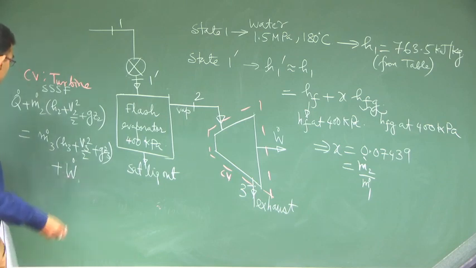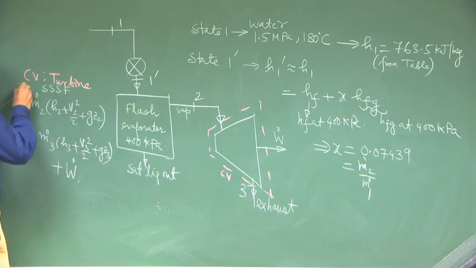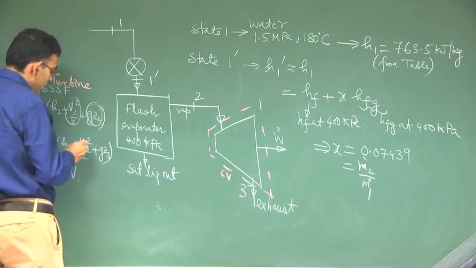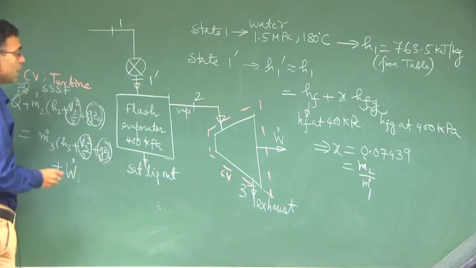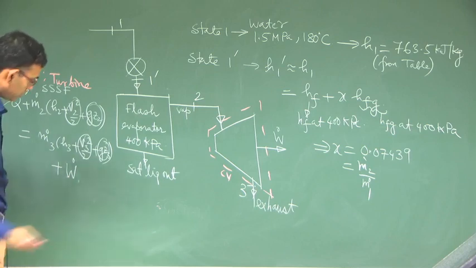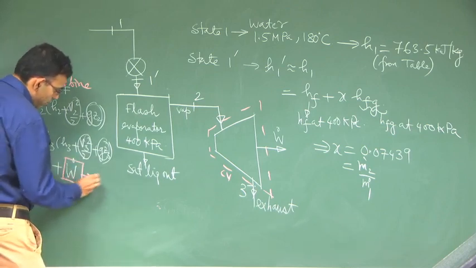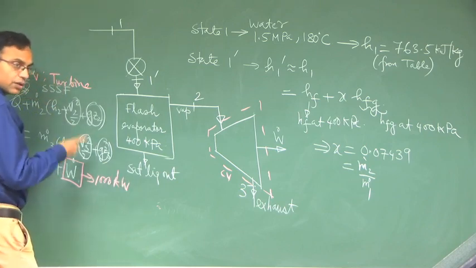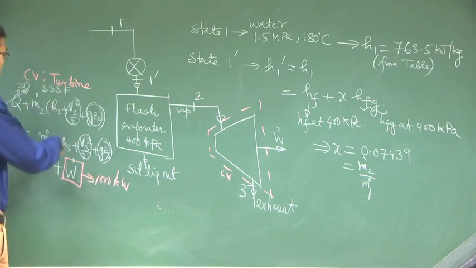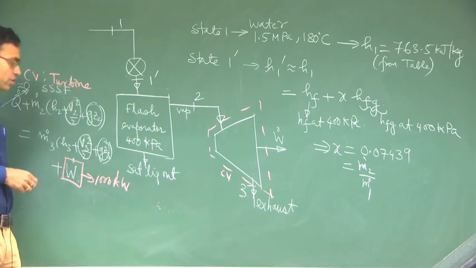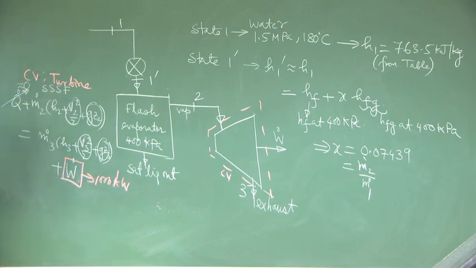We neglect heat transfer across the turbine, we neglect changes in kinetic energy and potential energy, and m dot 2 and m dot 3 are the same, and the turbine produces 1 megawatt. So, this is 1000 kilowatt. Normally we use kilo units for substituting all the values, because enthalpy values are in kilojoule per kg as you get from the table. That is why I have put it in kilowatt.